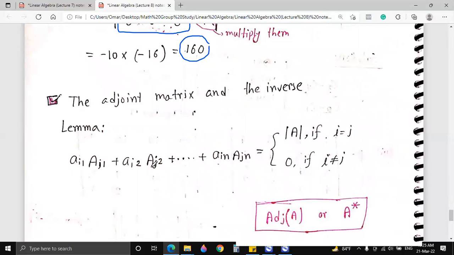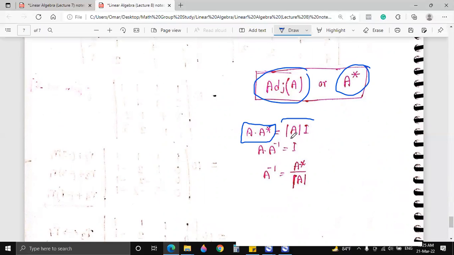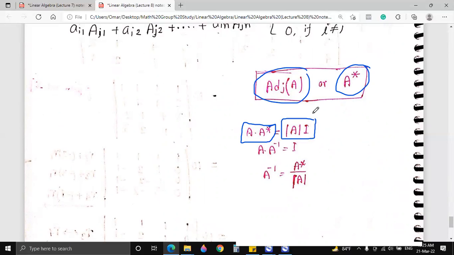And the adjoint is also written this way, A star. Any matrix, if we multiply it with its adjoint matrix, we get the determinant times the identity matrix. Or we can say, if we multiply a matrix with its inverse matrix, we get the identity matrix.